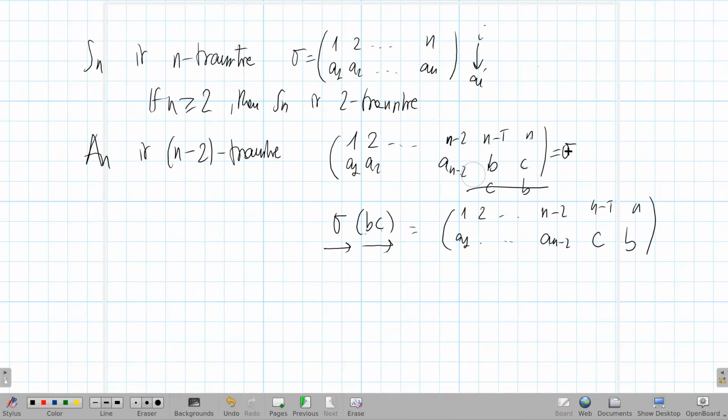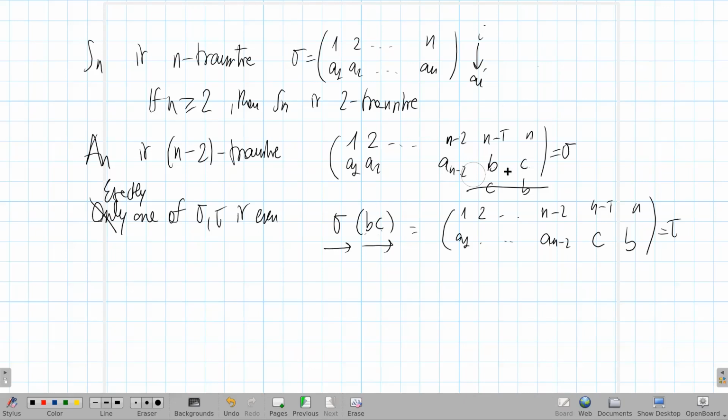So what you found is you have sigma and these two permutations, let's call it tau. Sigma (b c) equals tau. So if one of these is even, then the other is odd. So exactly one of sigma, tau is even. You can take 1,...,n-2 to a_1,...,a_(n-2), but then you don't have a choice for the last two elements.